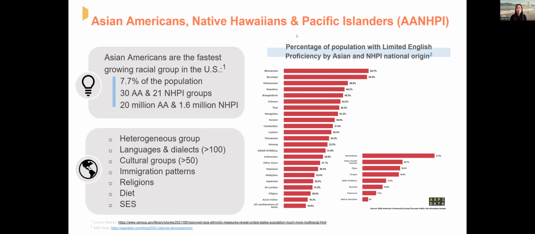I'm sure many of you already know this, but the CARE registry focuses on recruiting underrepresented Asian American, Native Hawaiian, and Pacific Islander adults into our registry. This population is the fastest growing racial group in the US, comprising nearly 8% of the population, 7.7%.